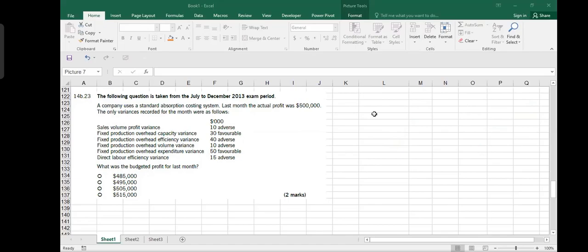So where we start from, we have got our actual profit, which is 500,000. And then you've got variances. For example, you have sales volume profit variance.